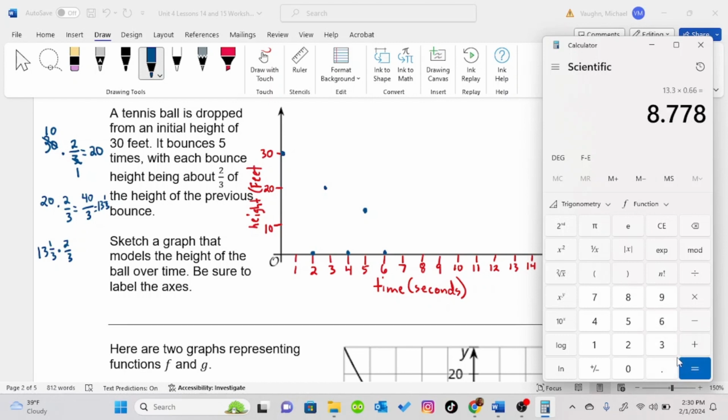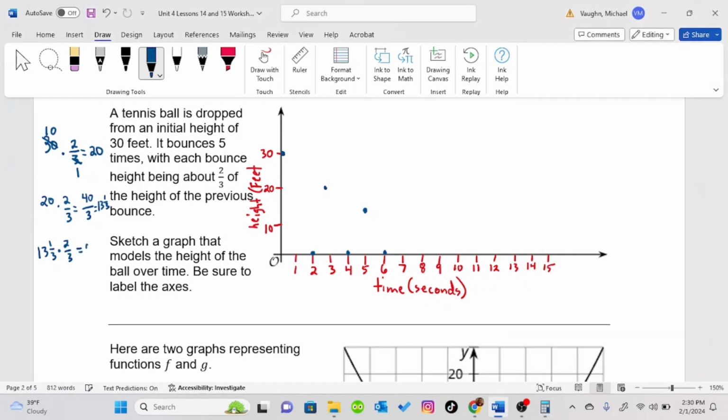So that's about 8.8. So when I make my third bounce, I'm going to say it's about 8.8.